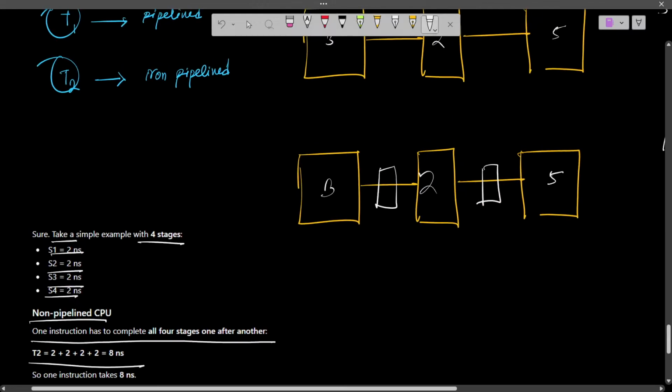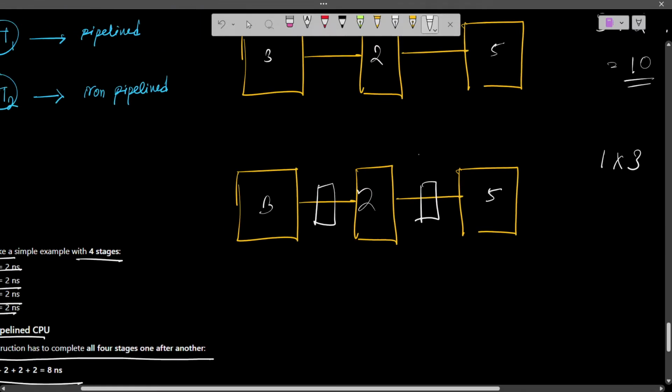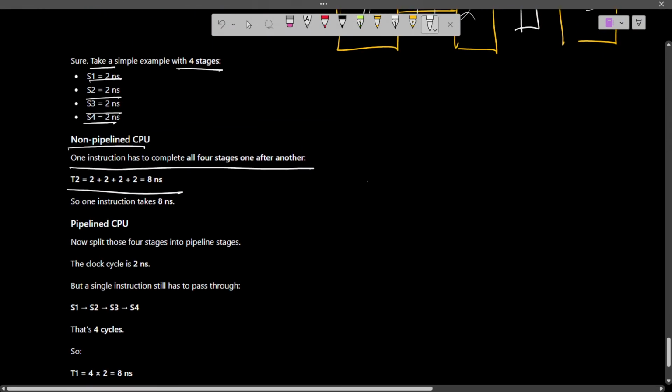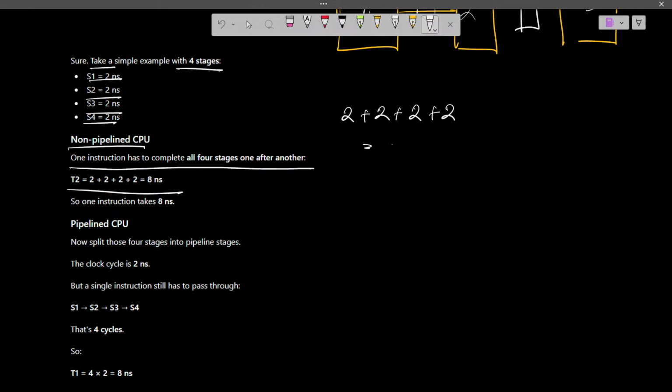So only one instruction is given, so 2 plus 2 plus 2 plus 2, that will become 8. So this is for non-pipeline, one instruction.